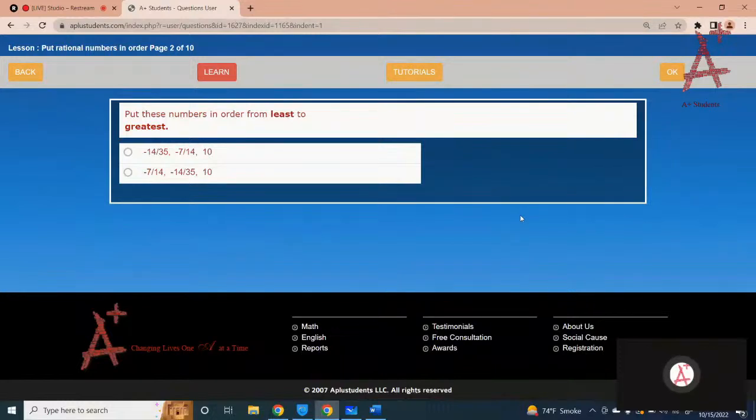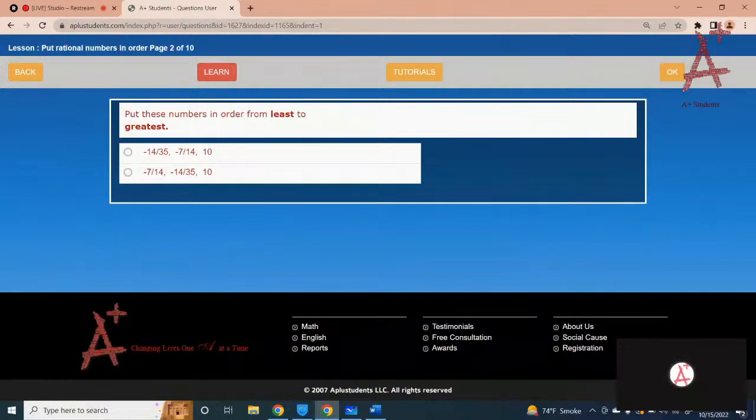Okay, so you have to arrange from least to greatest. So which one is the smallest? Negative 34 by 35 or negative 7 over 14? Negative 14 over 35 is 2 over 5. So which one is the smallest?